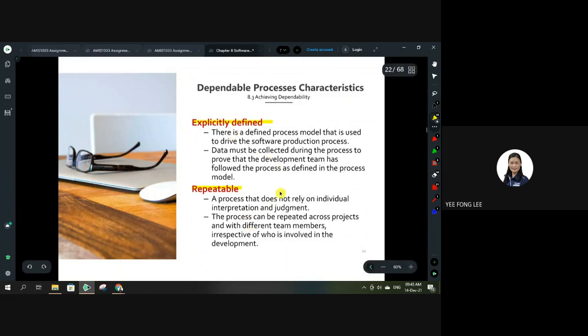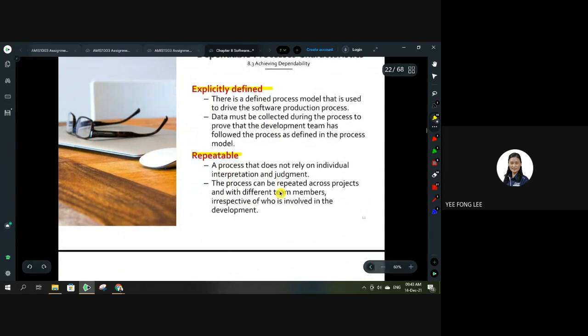I'll just summarize for you all. In the explicitly defined process, data must be collected during the process that the development team has followed. The key here is that they have followed the process as defined in the process model.